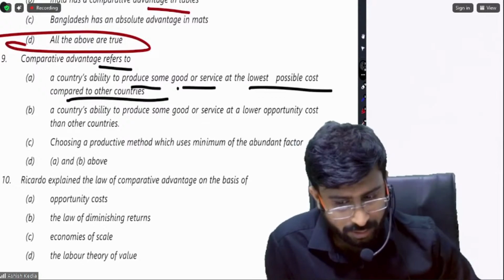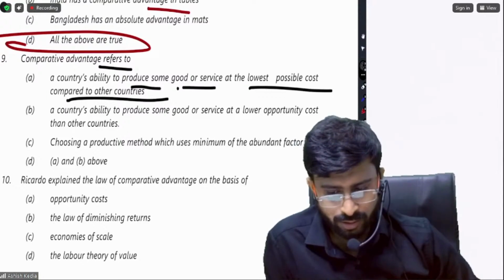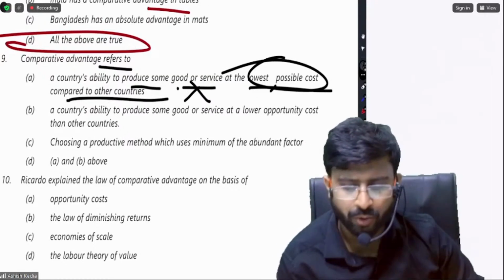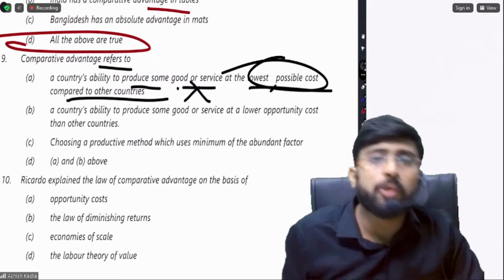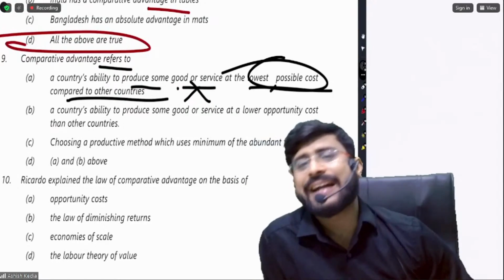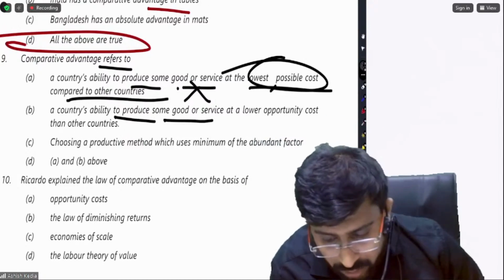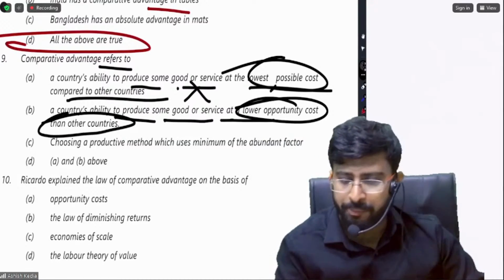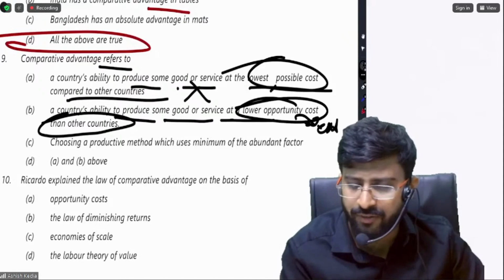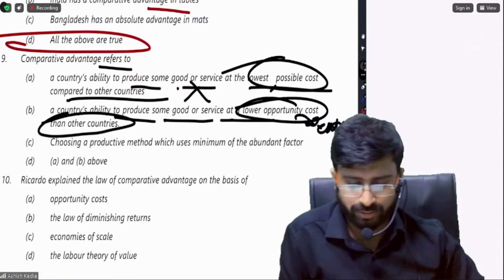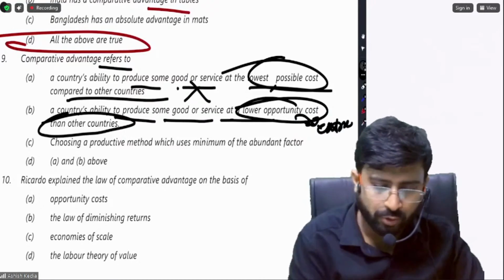No, at a lower opportunity cost means additional unit. A country's ability to produce some goods or services at a lower opportunity cost than other countries means to produce extra units. Here we are not concerned about total, here we are concerned about extra units. Okay, so B is the answer.